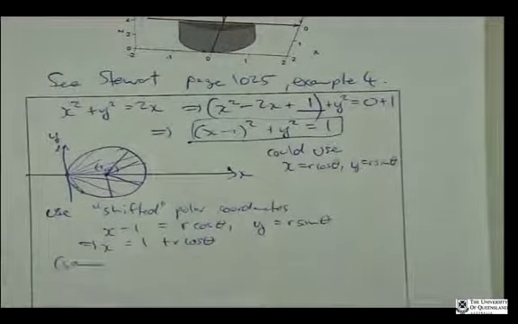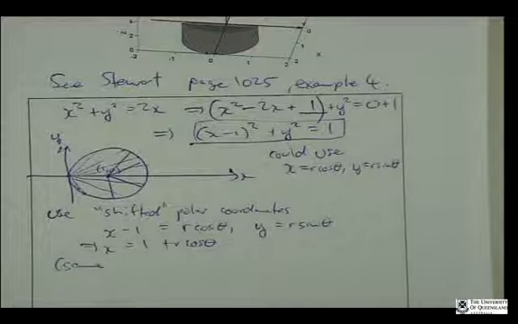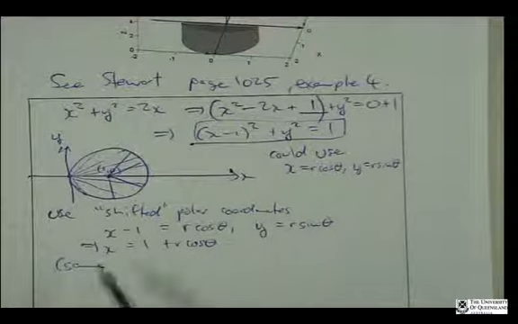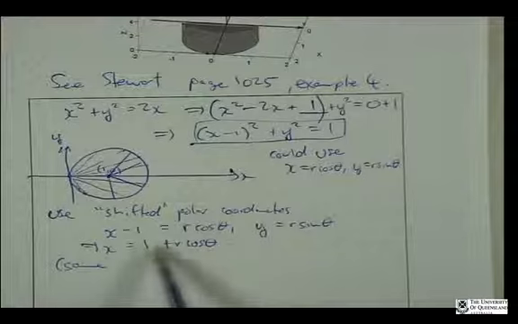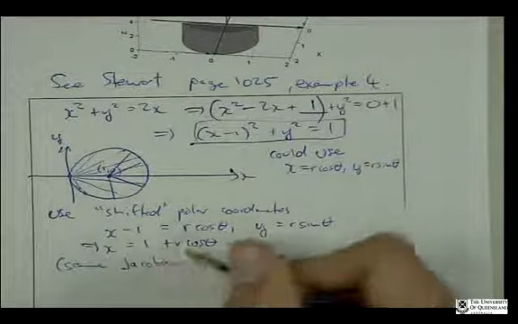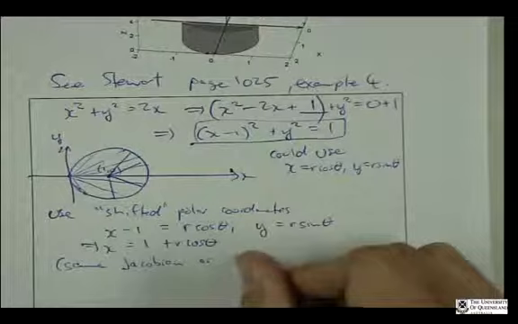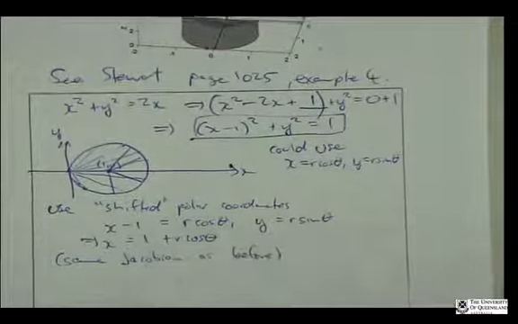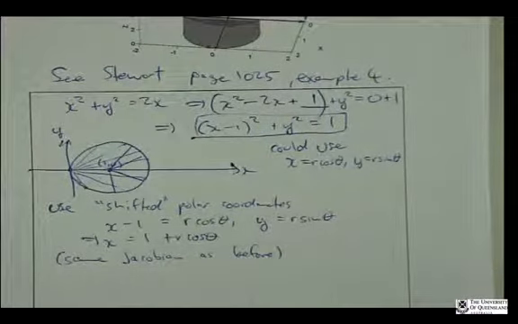Remember how I defined the Jacobian in terms of those partial derivatives? If we work out the partial derivatives, this 1 will always vanish. So it's going to be the same Jacobian as before, so it's still going to be r.